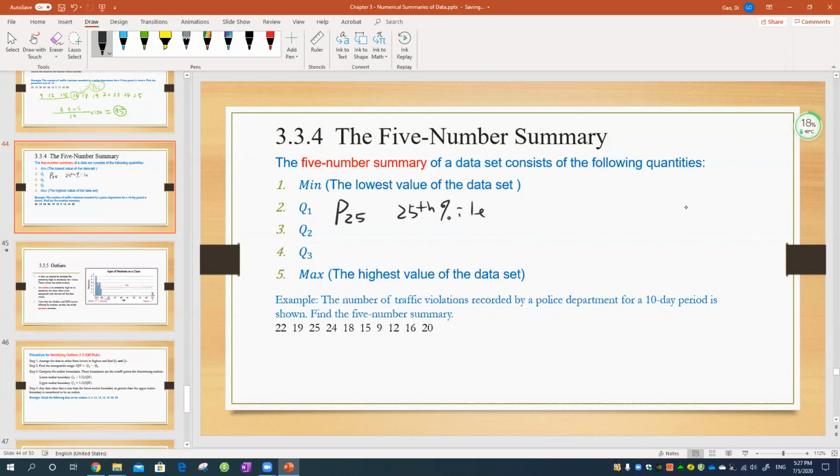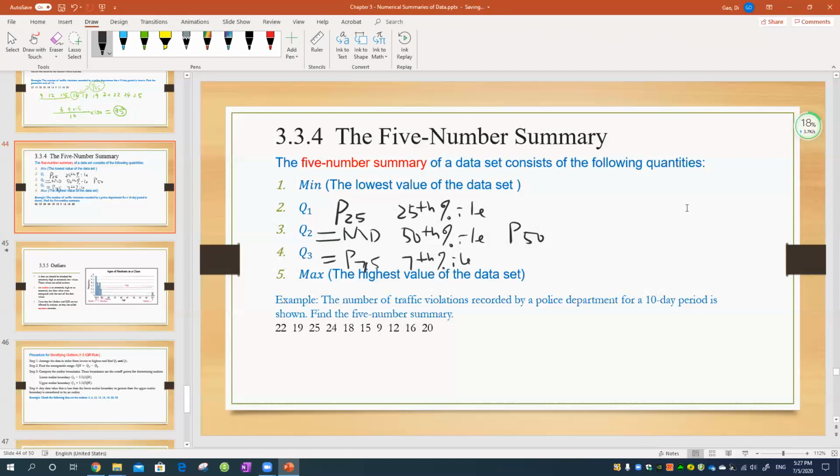And then Q2, which is also the median, or we say the 50th percentile, P50. Then Q3, which is P75, the 75th percentile. And the last one, maximum, which is the highest value of the data set.